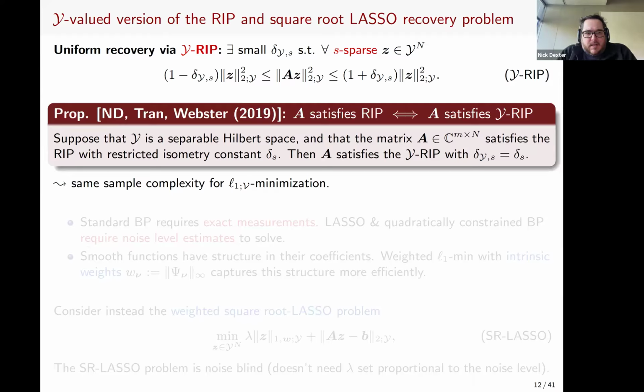And this proposition, again from 2019, with my work with Huang Tran and Clayton Webster when I was at Oak Ridge, says that A satisfies the RIP if and only if it satisfies this Y version of the RIP.